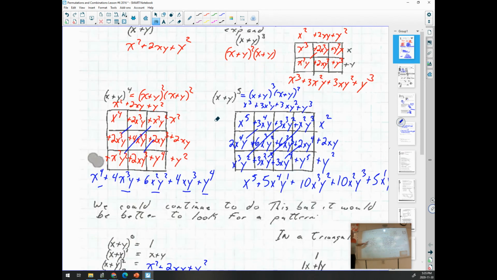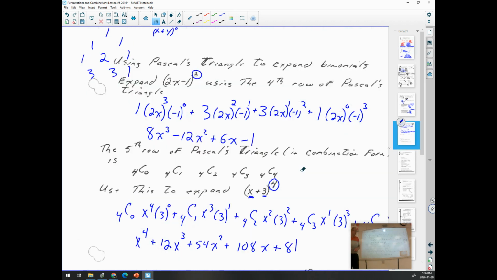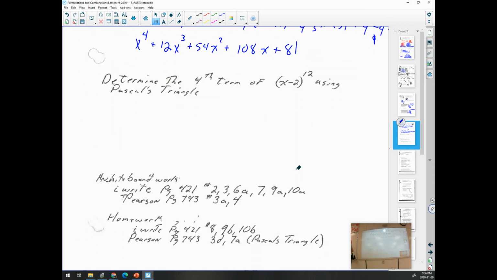Okay, and anything bigger than x plus y to the power of 5, I really don't want to do. And here, we don't want the fourth term using Pascal's triangle. I really don't want to do this expansion even using Pascal's triangle. So I'm going to do a little bit of thought process.